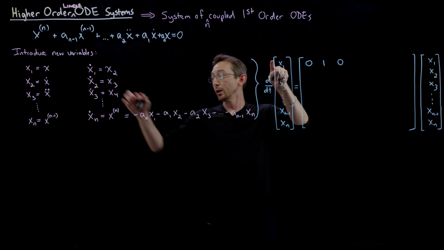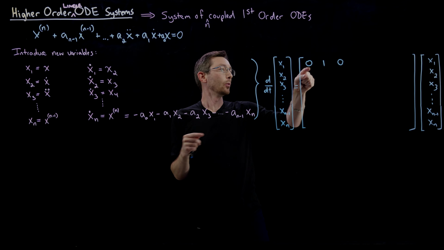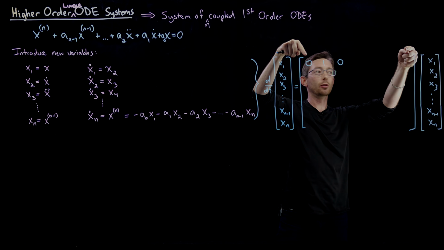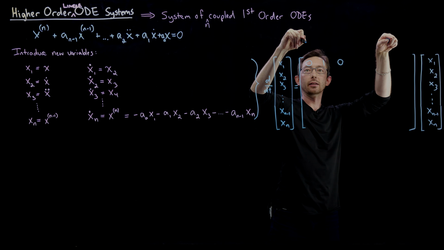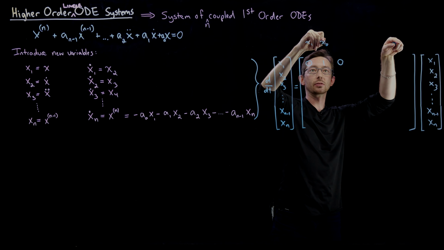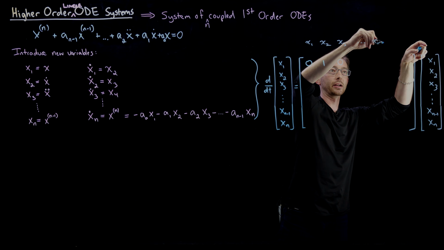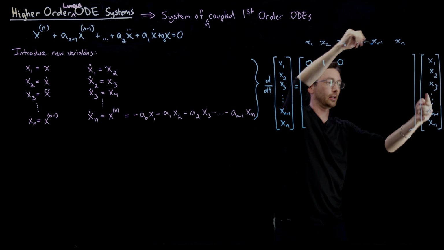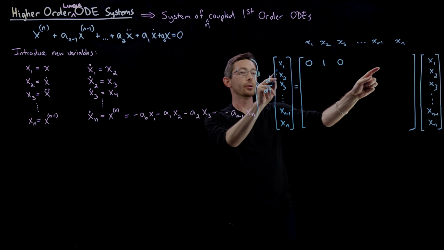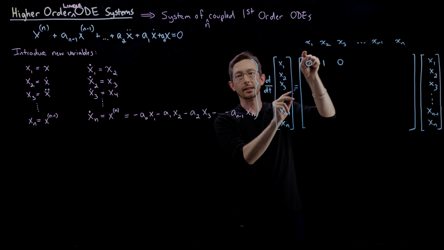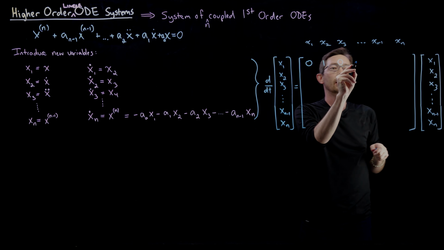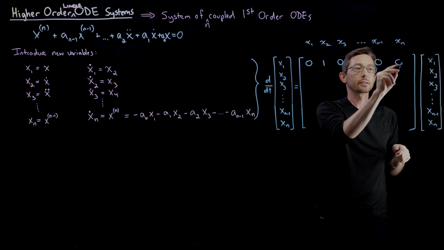Okay, so the x1 dot term is x2, which if I multiply this over, this is the x1 spot, the x2 spot, the x3 spot, dot, dot, dot, xn minus 1 spot, xn spot. So x1 dot equals x2, so that's 0, 1, 0, dot, dot, dot, 0, 0.